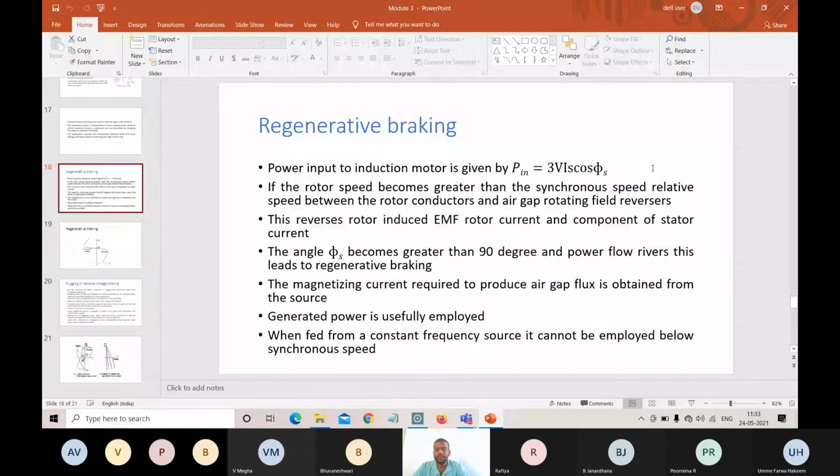When the rotor speed increases beyond the synchronous speed, the relative speed between the rotor conductors and the air gap rotating field reverses.